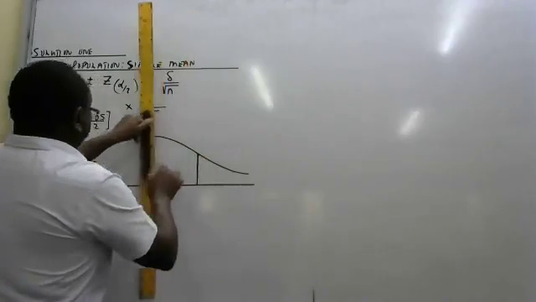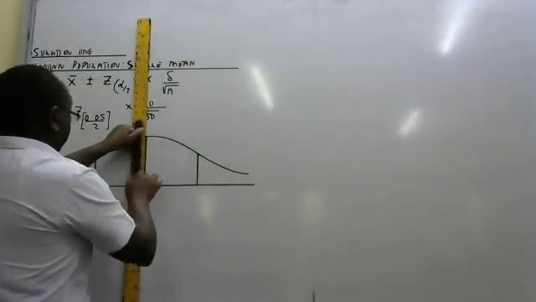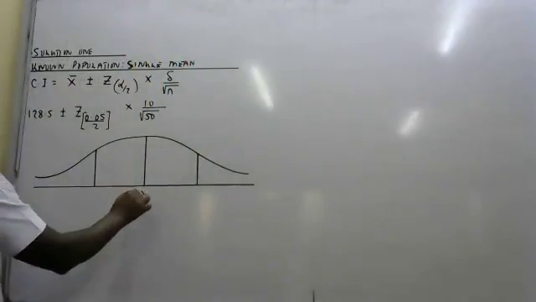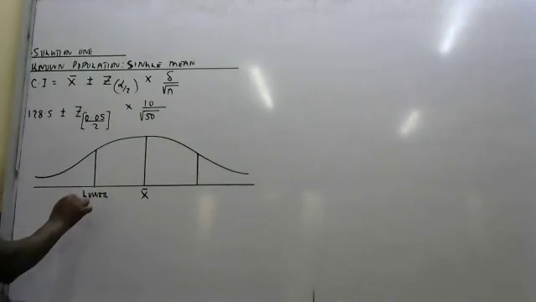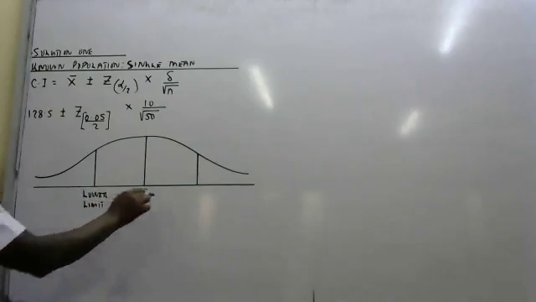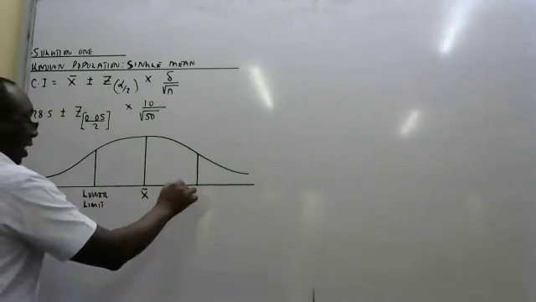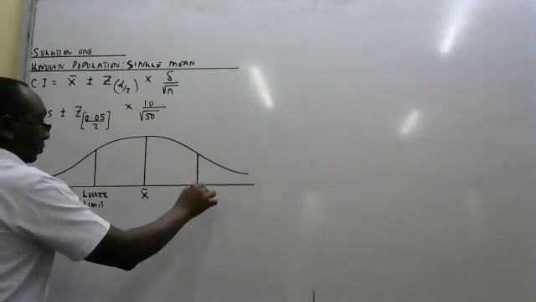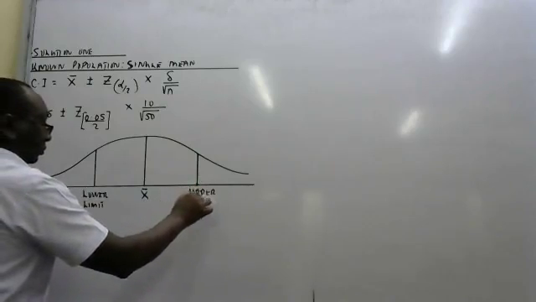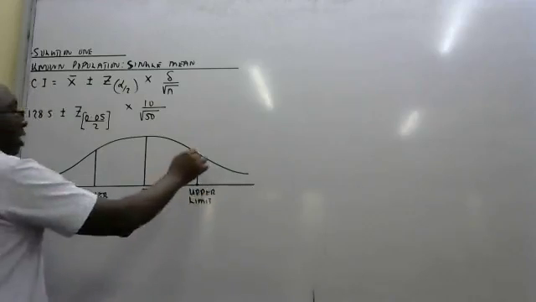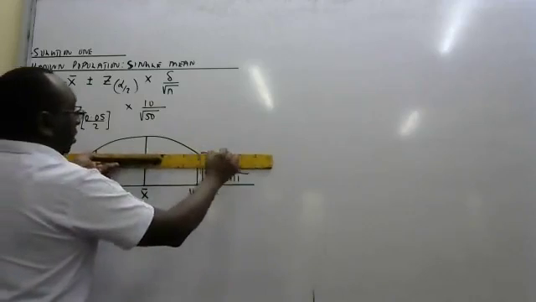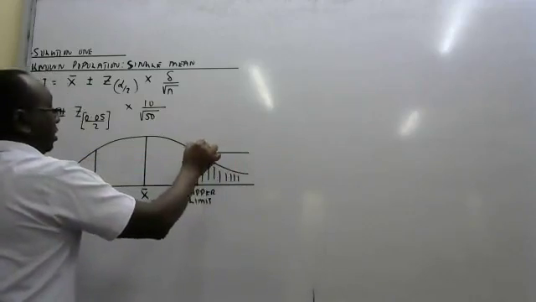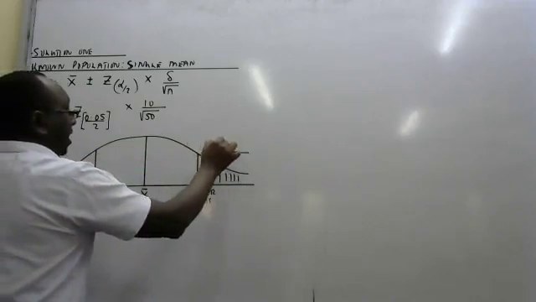So this one, this is where we have the X bar. This is the lower limit. And this is the upper limit. Now this side here, it is 0.05 divided by 2.